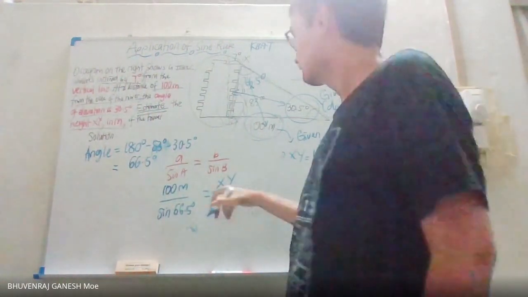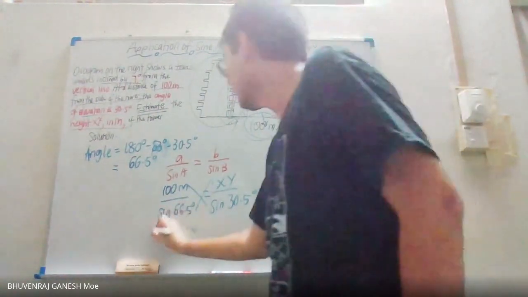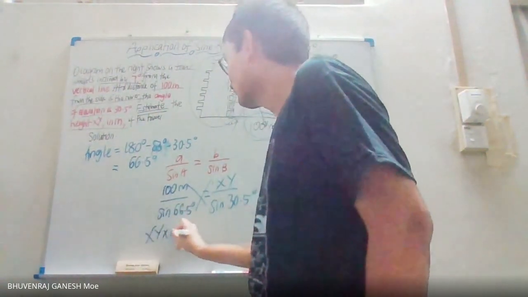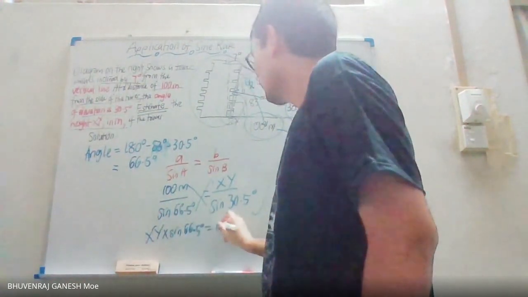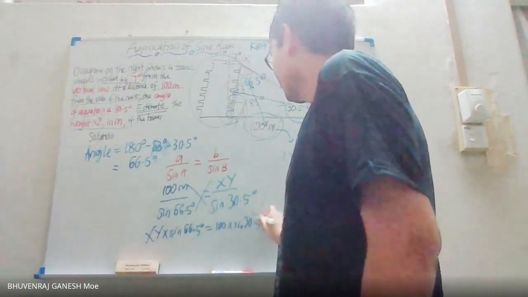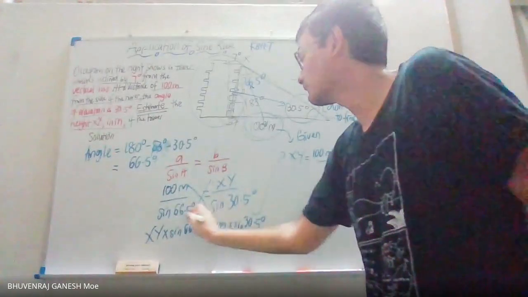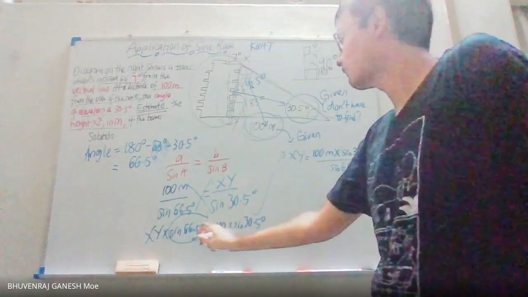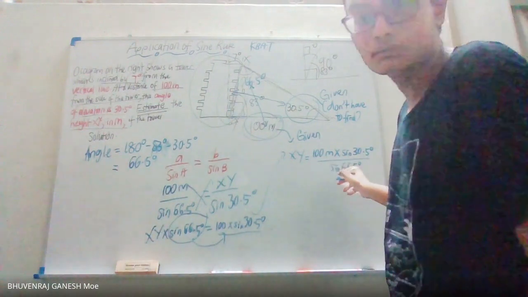What we are doing here is cross multiplication. The longer step would be XY times sine 66.5 equals 100 times sine 30.5. That's how I shift XY to this side. I shift the sine 66.5 down here, which means it becomes divide.